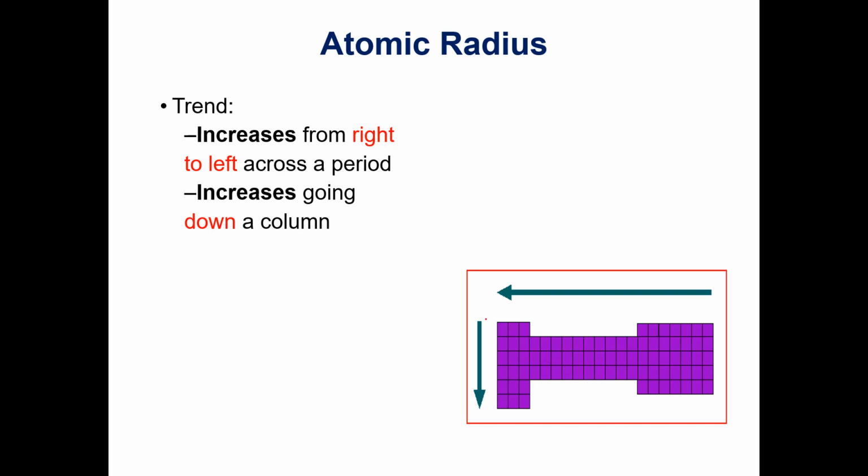So if you think about increasing, we increase as we go down the periodic table, and we increase as we go right to left. So that means that we have the largest elements, or the largest atomic radius, on the bottom left of the periodic table, and the smallest on the top right.